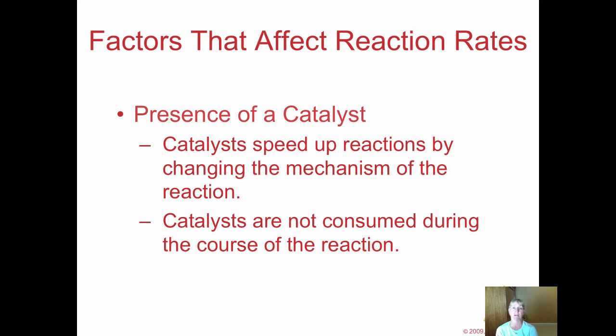A lot of catalysts are solid metals, and they provide a surface where molecules can sort of roll into position to react with each other more readily. The key concept of a catalyst is that at the end of the reaction, it emerges unscathed and unchanged. It's not part of the chemical reaction. It just facilitates that. Therefore, it will help the reaction to occur more quickly.